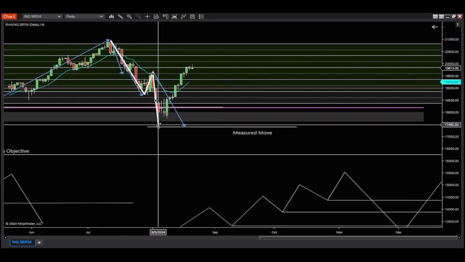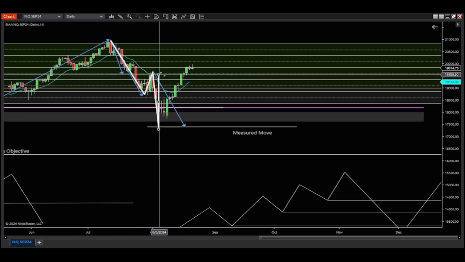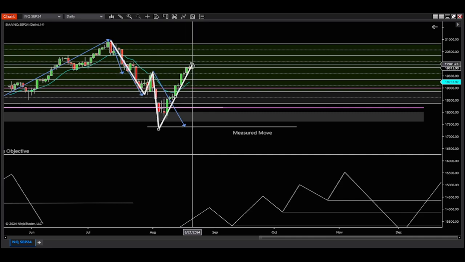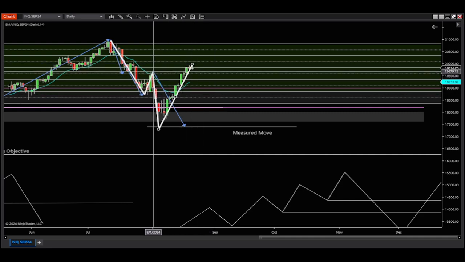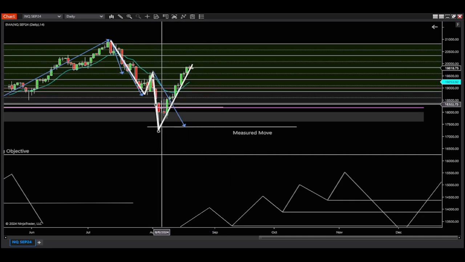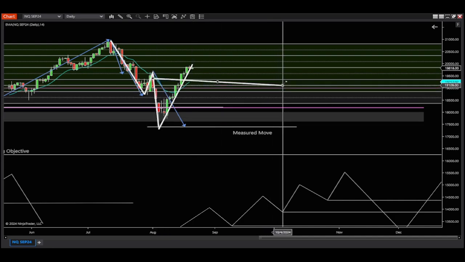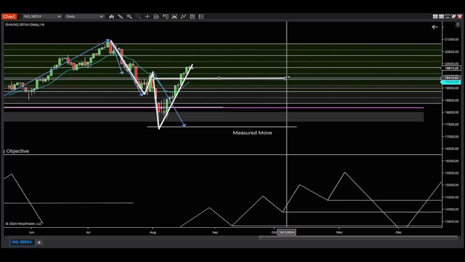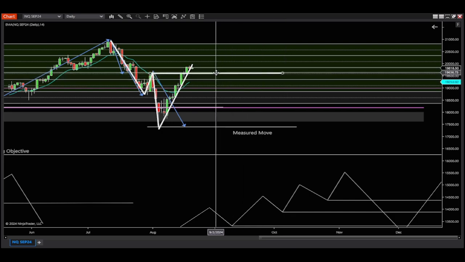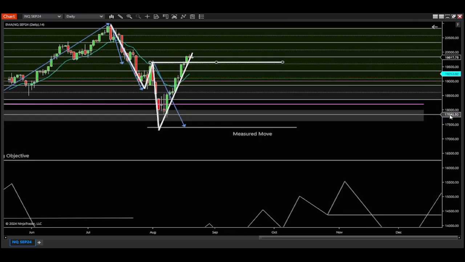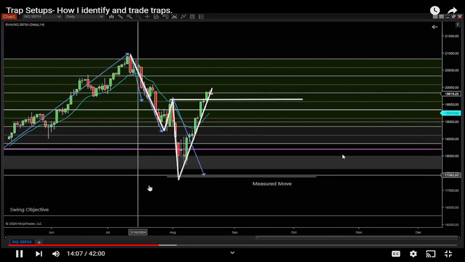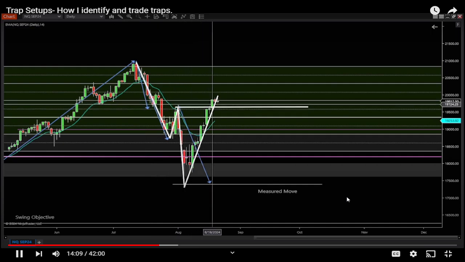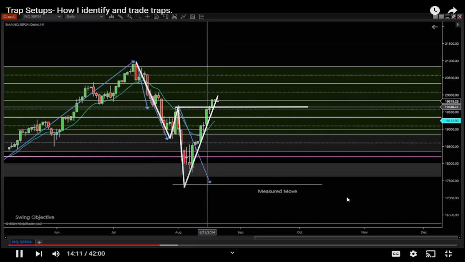From here we pulled back above the previous pullback, the previous swing. So from here, anybody going long above here is potentially trapped. We're not going to say they're 100% trapped, but potentially trapped.